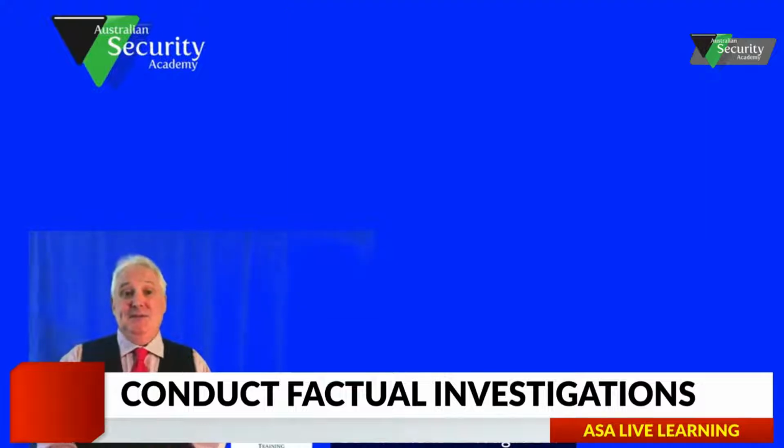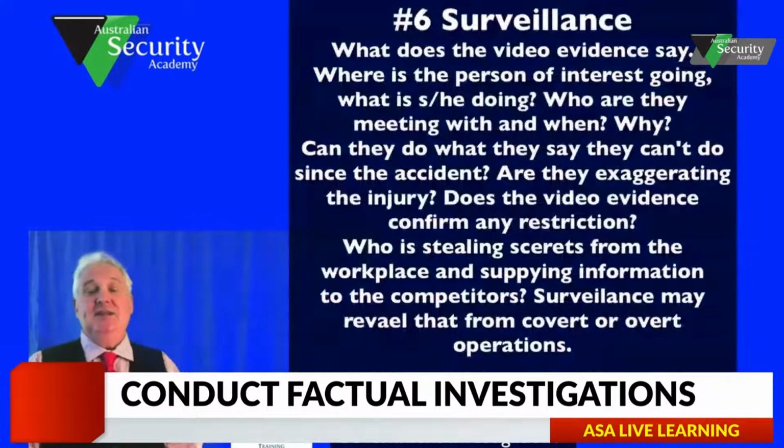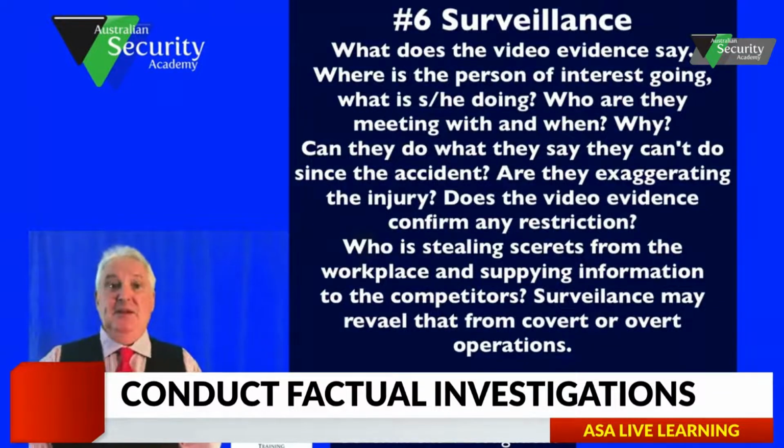The next source of information available to investigators, used extensively throughout the investigation world, is surveillance. Now, every single one of us, if we go to the shopping centre or we go to the swimming pool or we go to an event, there are CCTV cameras. We catch public transport, get in a taxi or an Uber. There are CCTV cameras there.